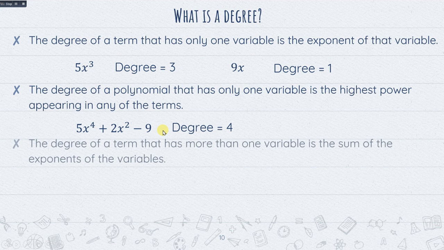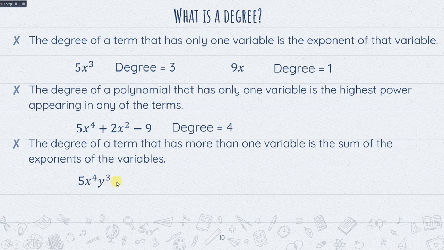Next is the degree of a term that has more than one variable is the sum of the exponents of the variables. So this will be 5x to the 4th power y cubed. So meaning, if it has more than one variable in one term, we will get the sum of the exponents. So in this case, we need to get the sum of 4 plus 3.